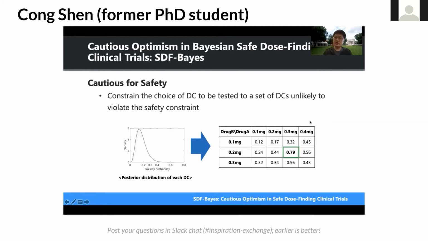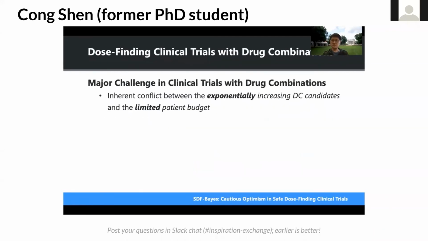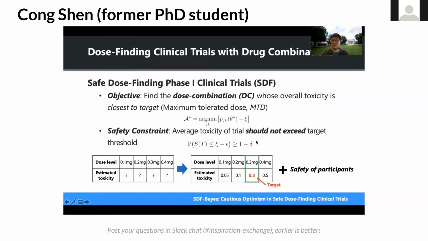The other side of the coin, though, is safety, which brings up the second principle. This is cautiousness. We want to be conservative to incorporate the safety constraint. The idea here is that we want to constrain the choice of DC to only a subset of DCs, where for this subset, based on the posterior distribution of each DC, we evaluate this subset to be unlikely to violate the safety constraint that we have, given before. This is our safety constraint.